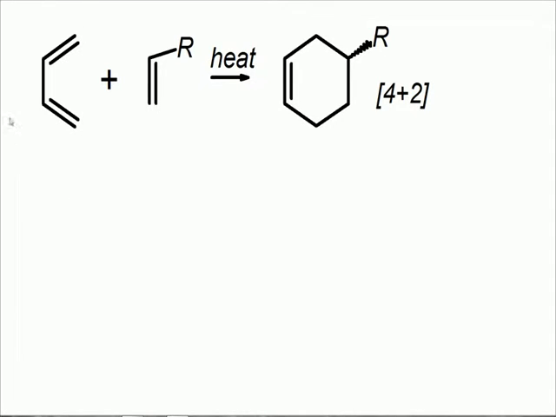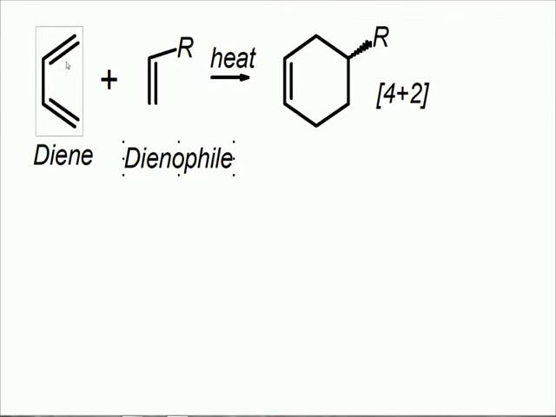It's called a diene, because it has 2 double bonds, diene, and then of course it will react with a dienophile. Something that loves dienes. So a diene, 2 double bonds, and a dienophile, something that wants the double bond.